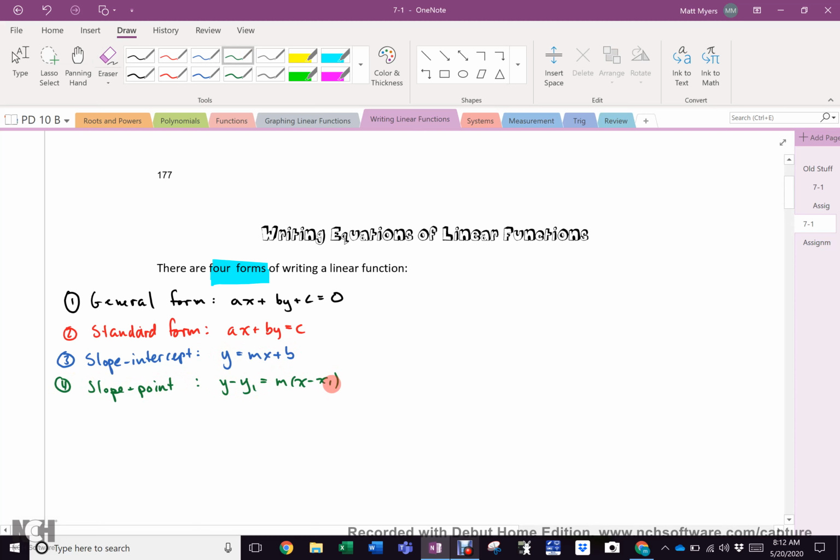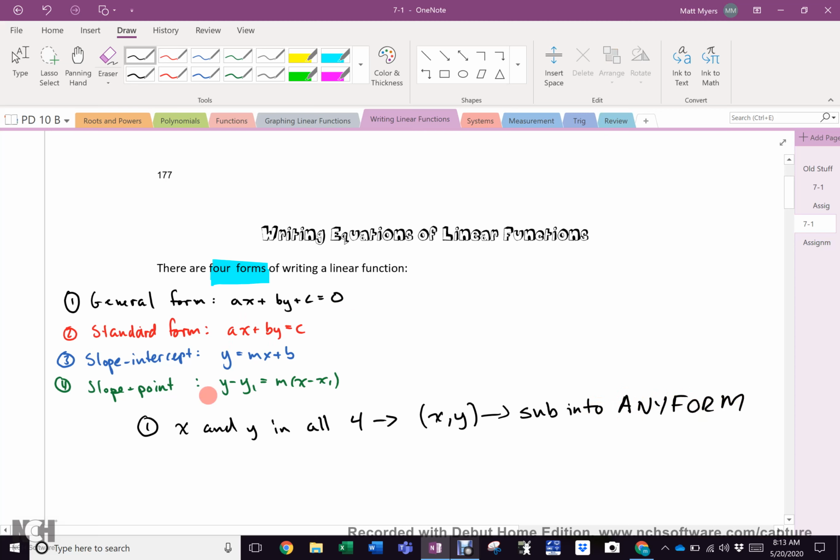Now you will notice all four of those share some commonalities. One, there is x and y in all four, which means any point on a graph, any point I have has an x and a y, which means they can sub into any form.